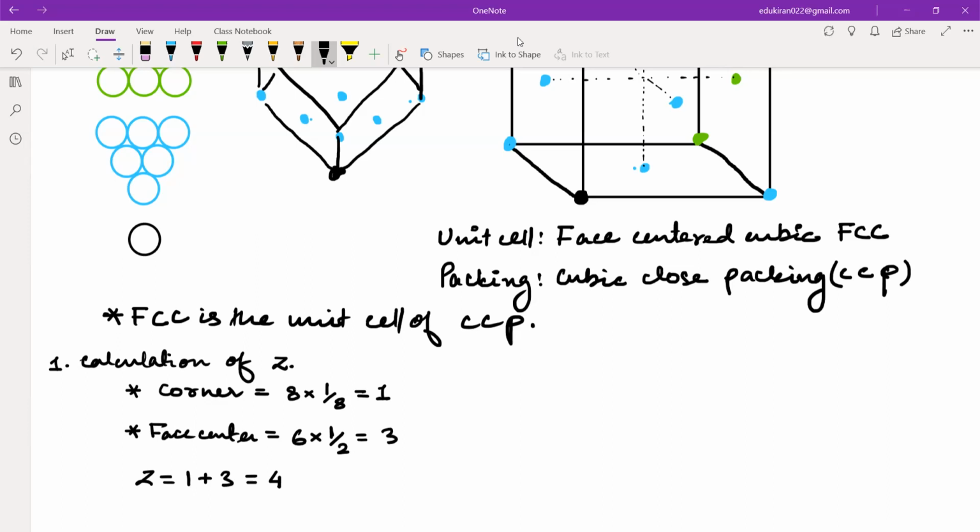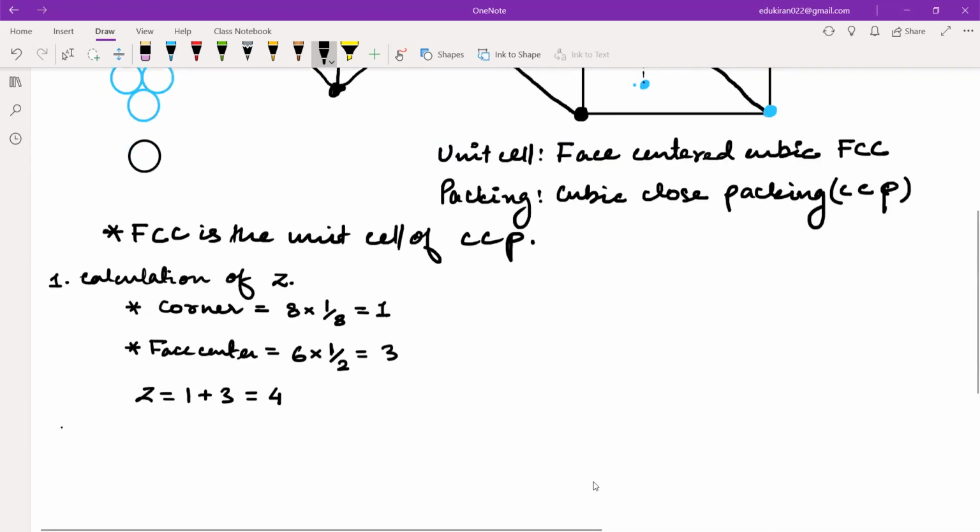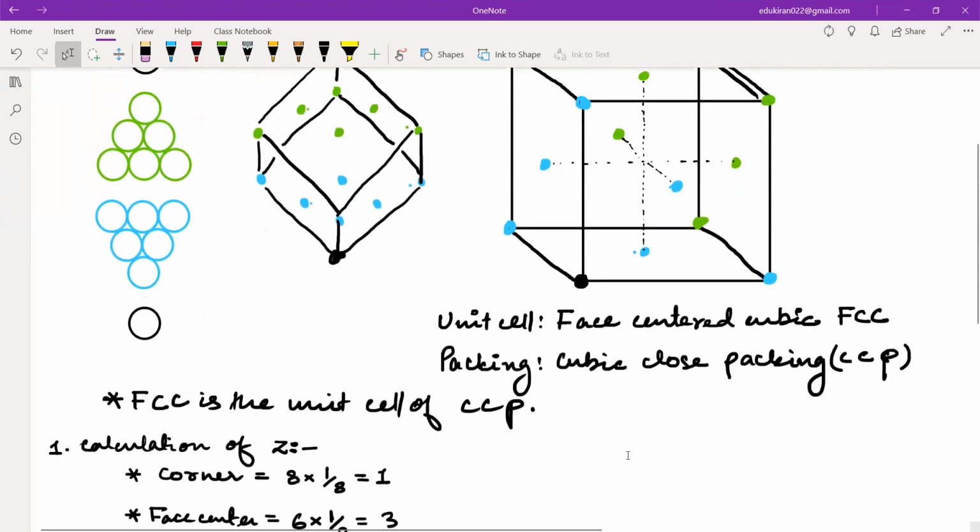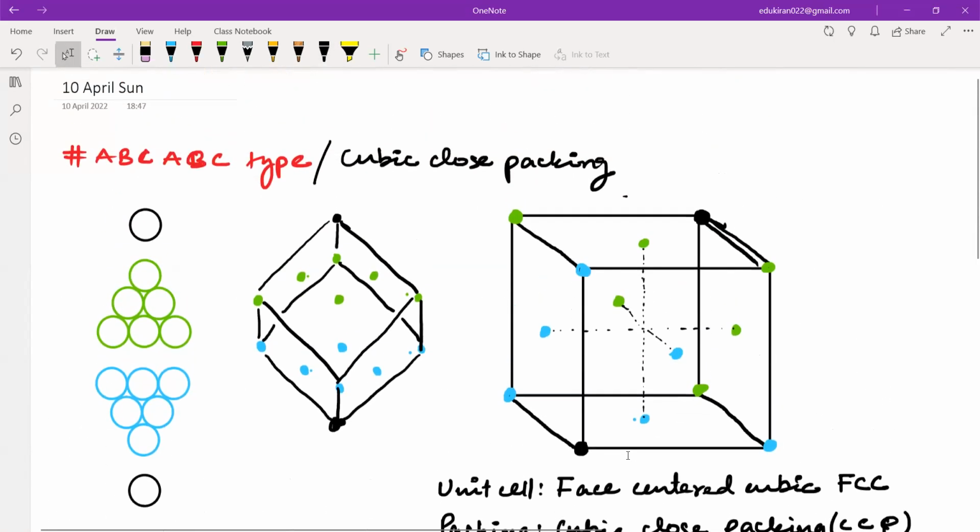Now I want to show you guys the coordination number. Okay, second point is coordination number. Calculation of Z, then coordination number. So coordination number, it is going to be fun from here.